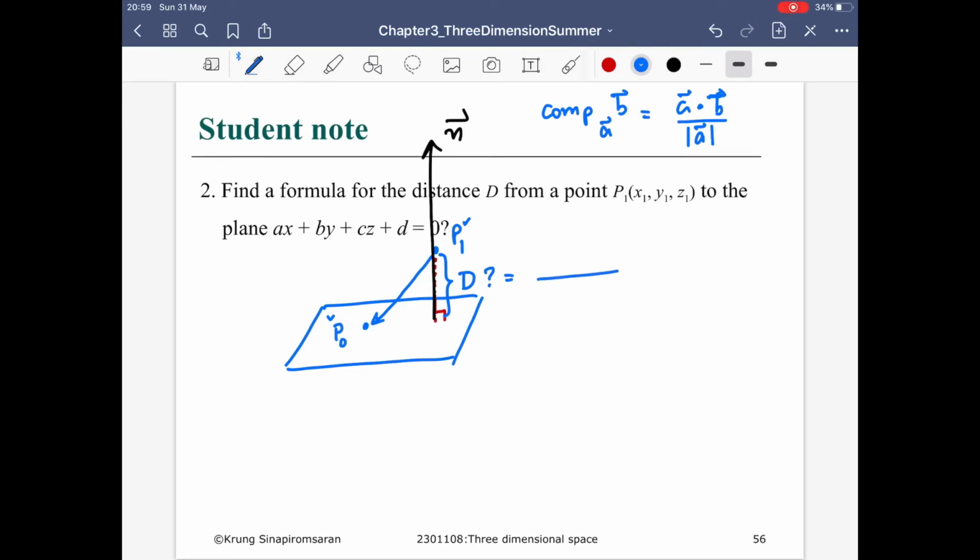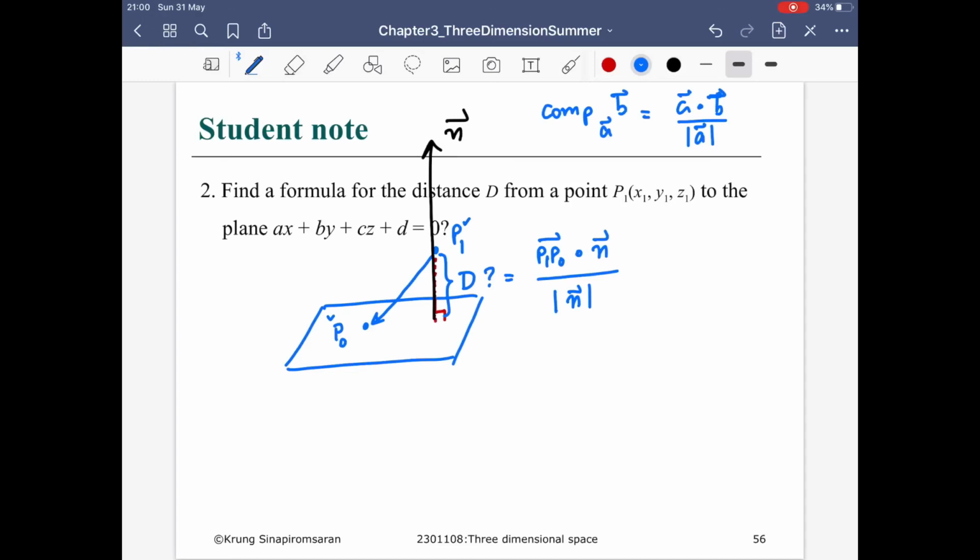So it is a projection on the normal vector n. You need to find the length of n on the bottom, and then on the top your b right now is p1 p0 as a vector, dotted with your n. That will be the distance.